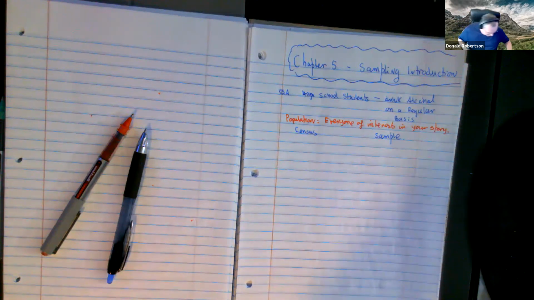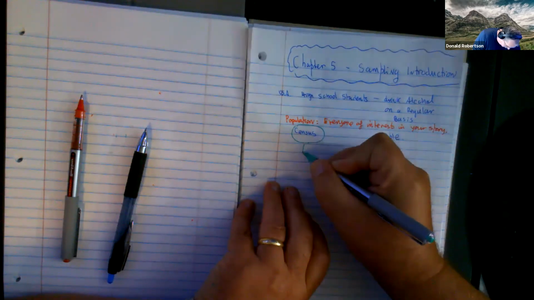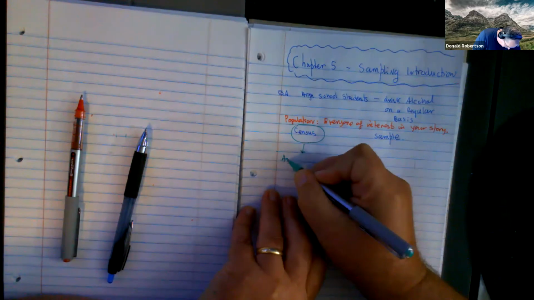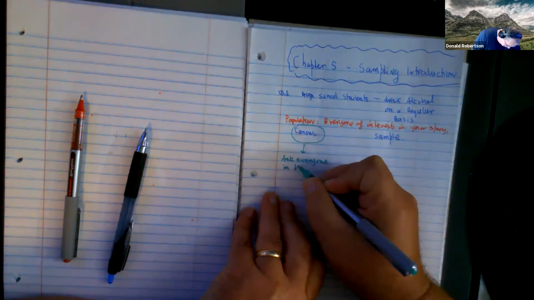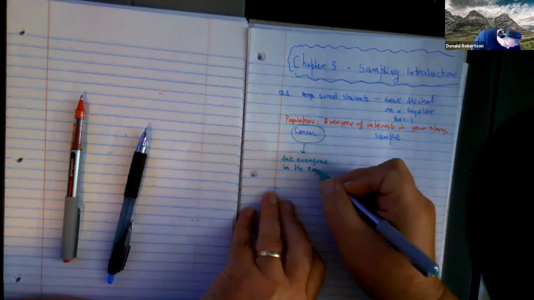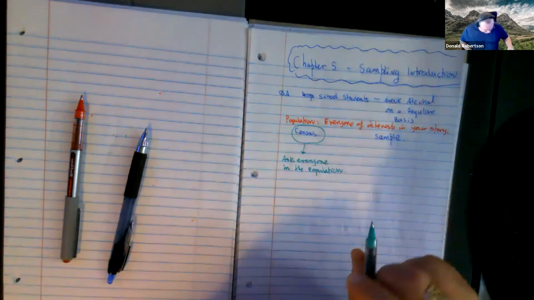A census is a very expensive way to do it, but it can be done sometimes. That's where you ask everyone in the population. So you have to know who the population is before you can ask everyone. Now, what is the problem with that?